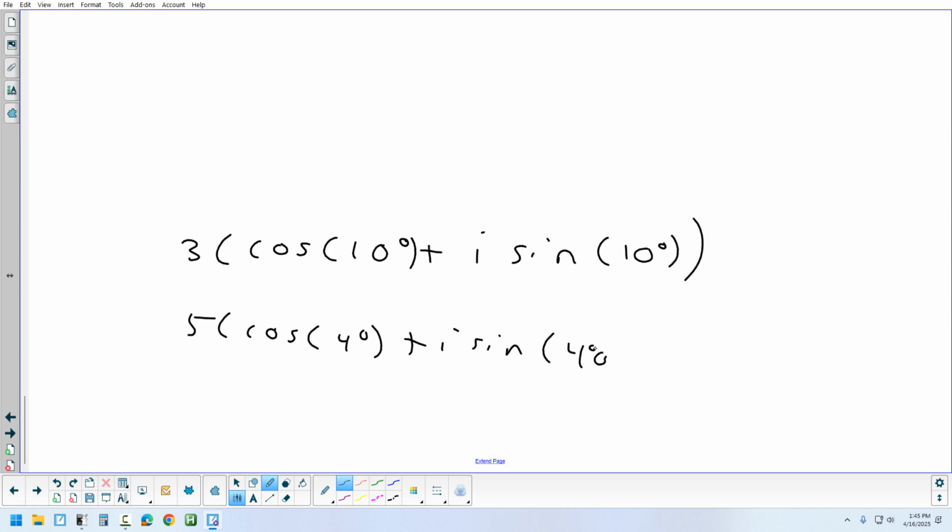If I wanted to multiply those two complex numbers together, instead of having to FOIL it all out and do the conjugate, I can tell you the answer would be 15 cosine 14 plus i sine 14. That's the final answer when you multiply those two together.